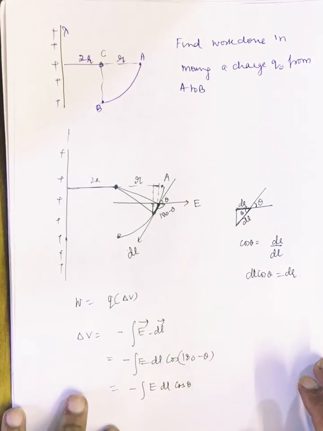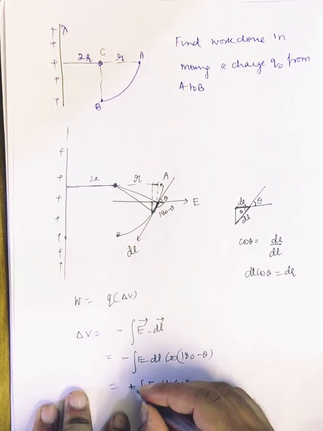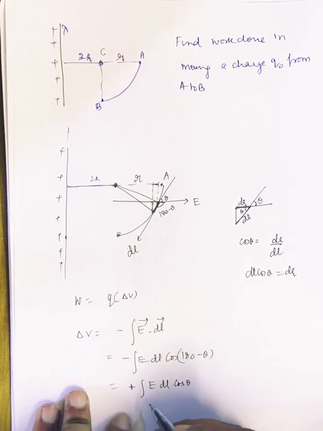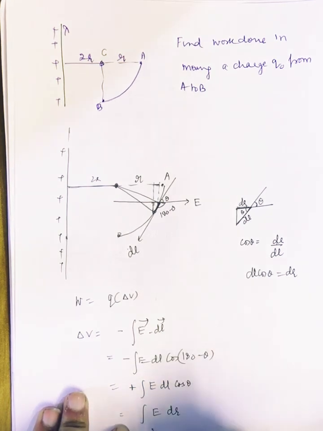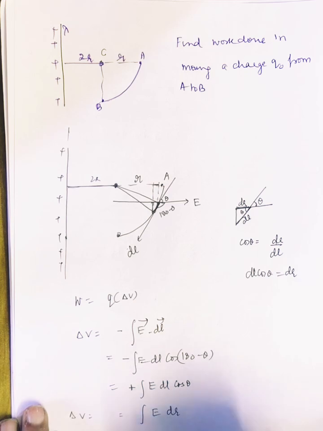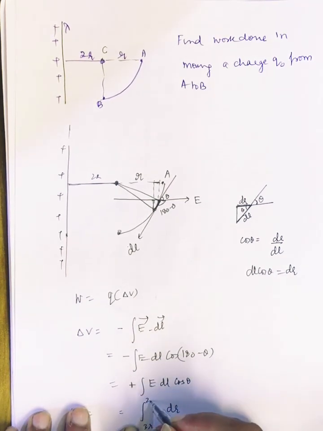One more thing, cos of 180 minus theta is actually minus cos theta, so I can take a plus sign. And then later in the derivation I can replace dl cos theta by dr, and integrate from 3r to 2r. That is what we are doing.